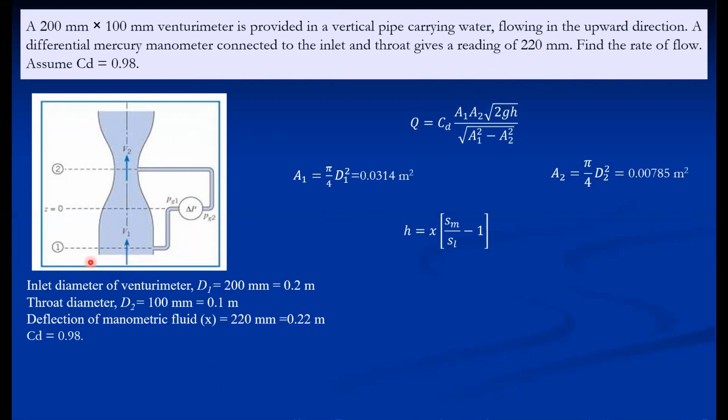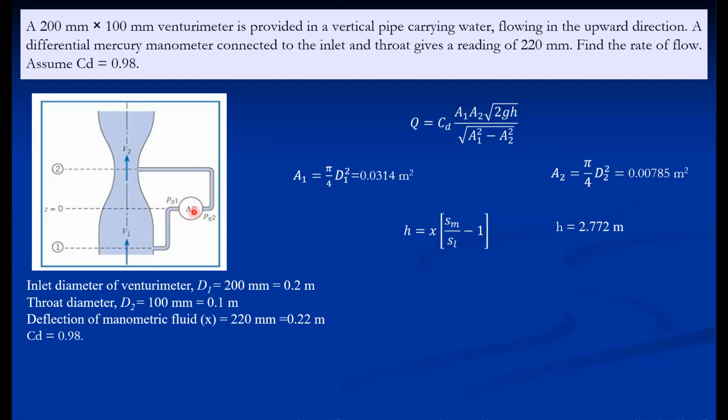Now here, no need to measure Z values. If pressure gauges are used, then we have to put the values of Z1, Z2 as well. But that is the beauty of the manometer, because the manometer takes into account the elevation as well. So if we calculate this H, in this particular case the manometer gives the difference in piezometric head, because Z1 and Z2 are there. So we can calculate H because all the values are known to us, similar to the previous problem.